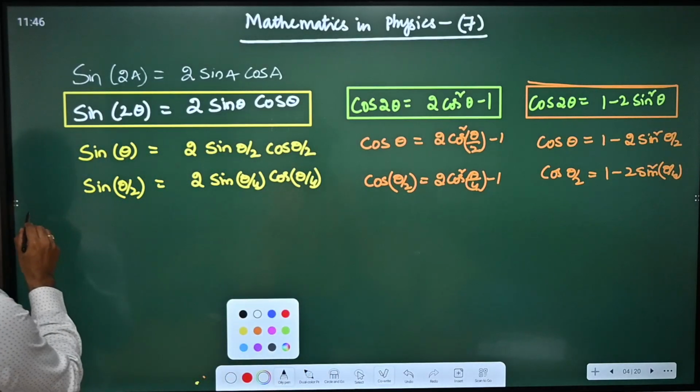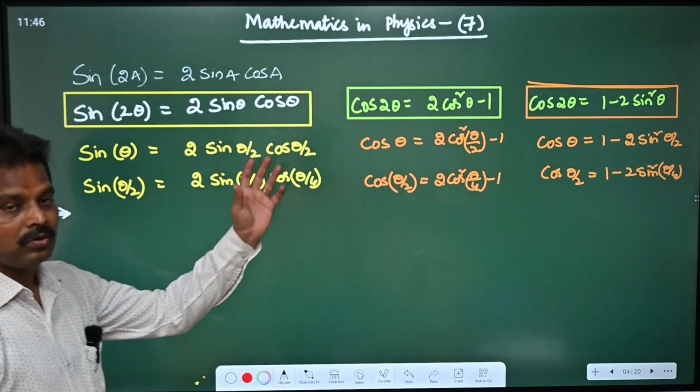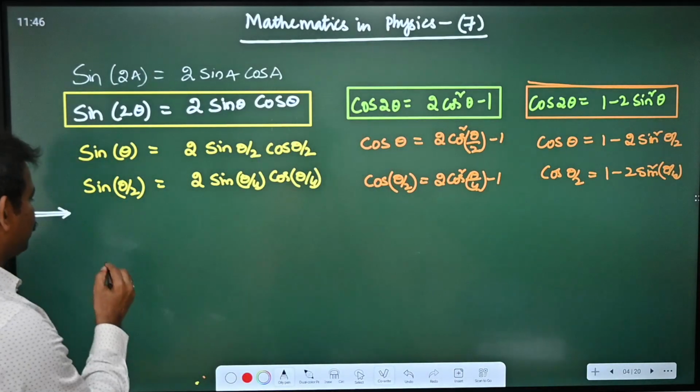Now, where we can use these formulas in physics, we will see once.